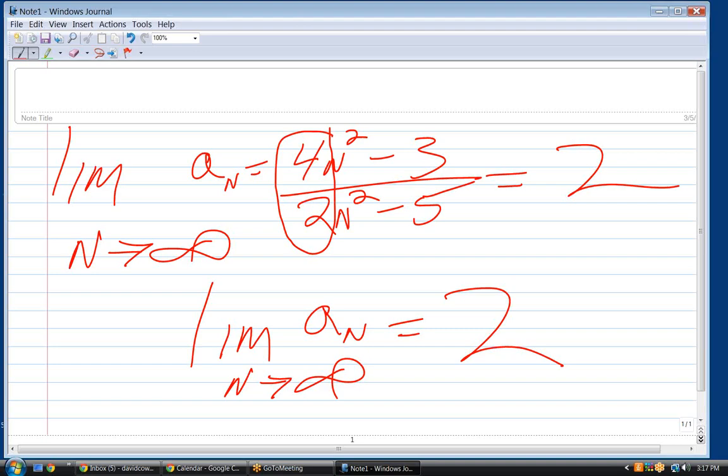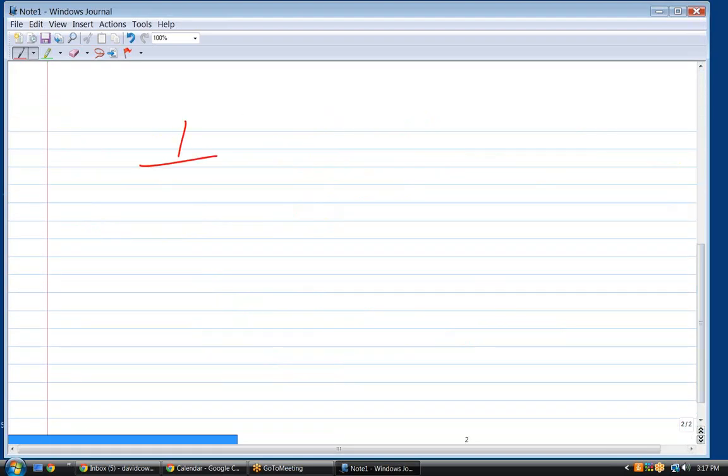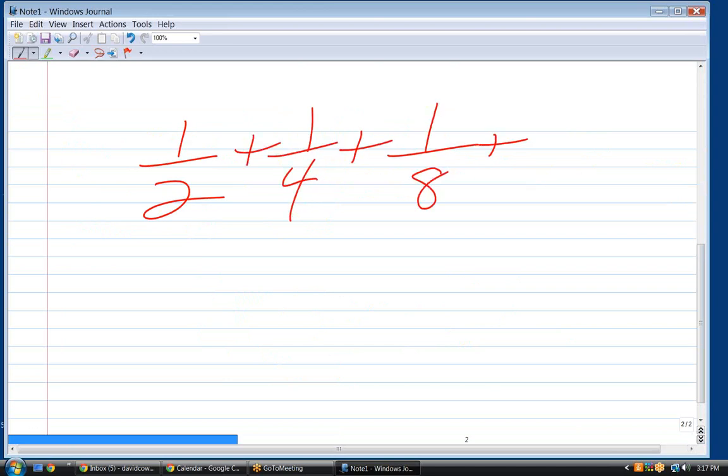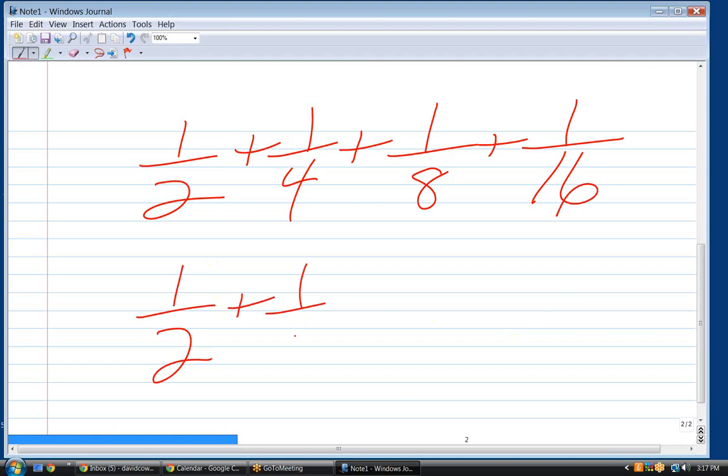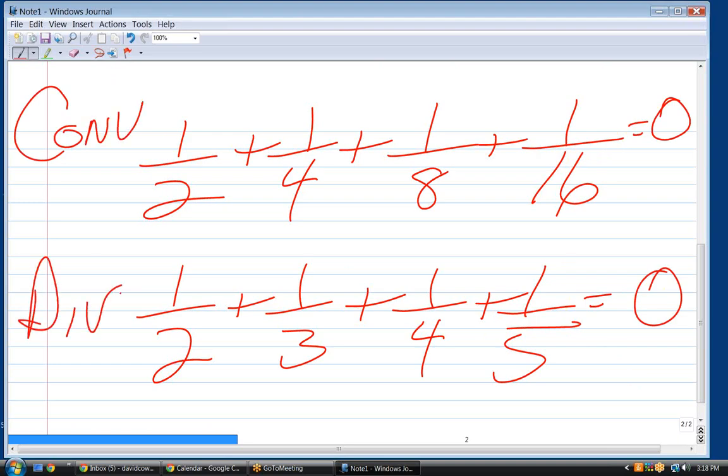Well, just because the nth term is 0 doesn't mean it's a convergent series. Notice that these two series that I listed, the nth term is 0 in both cases. The limit of this last term is 0, but this is a convergent series and this is a divergent series.